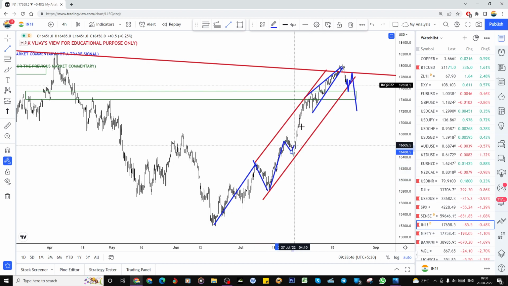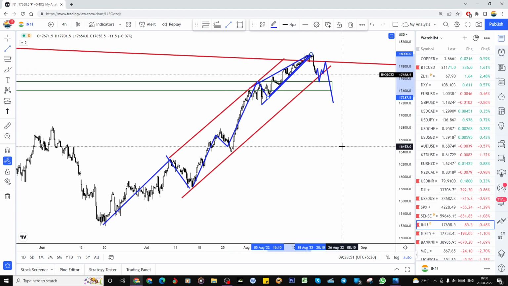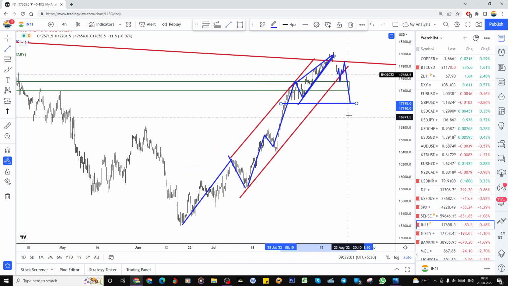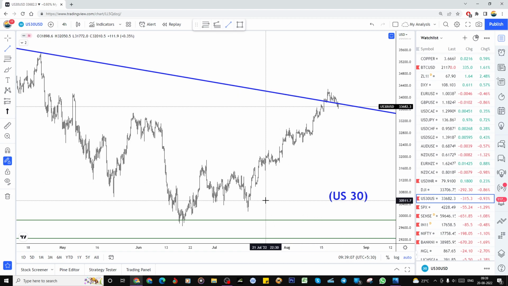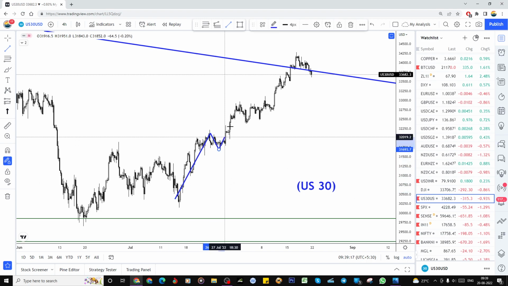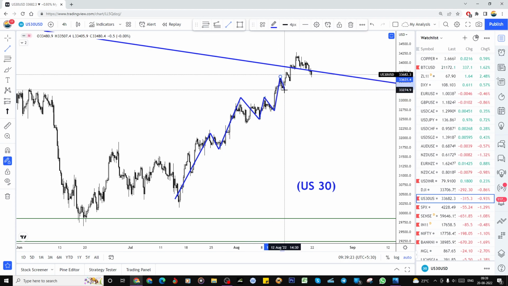So 1 2 3 4 and 5 has got completed. We don't know whether this is A B C or 1 2 3 has got completed, and beyond the 4 means at least we can expect a target of 17,200. Like that in US30 also, this could be again a three-wave structure. It's looking like that, but here also 1 2 3 4, 1 2 3 4 5.